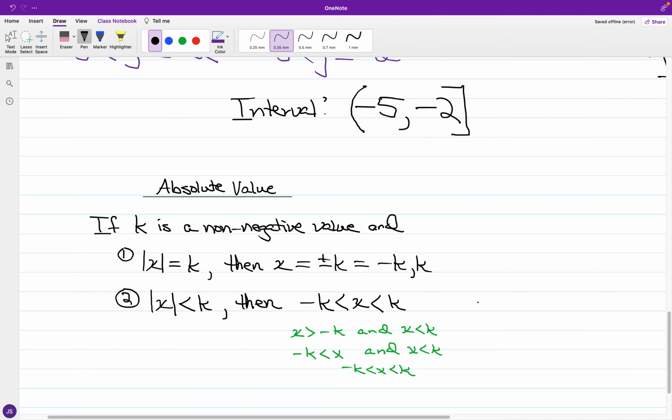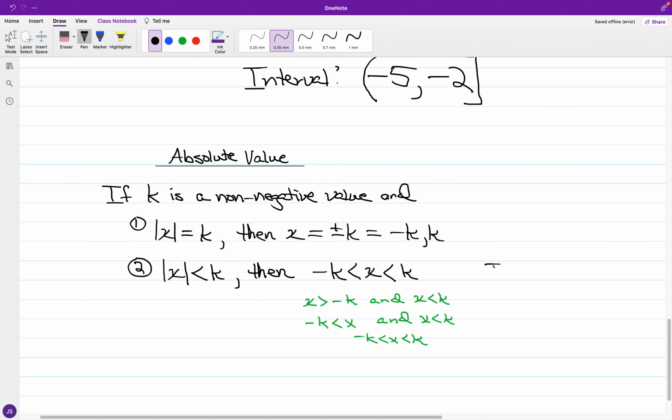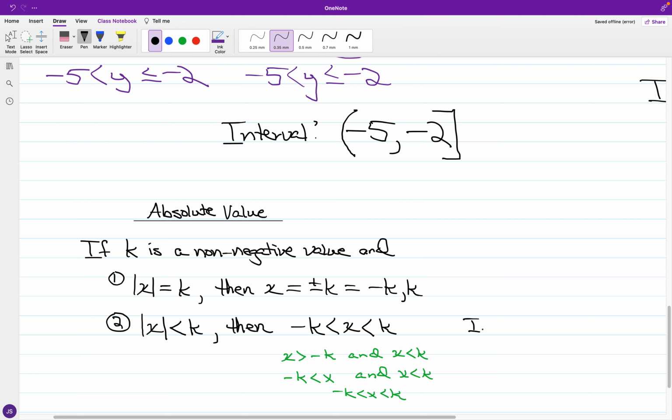And just the interval notation for this. So x is going to fall in this case between negative and positive k.